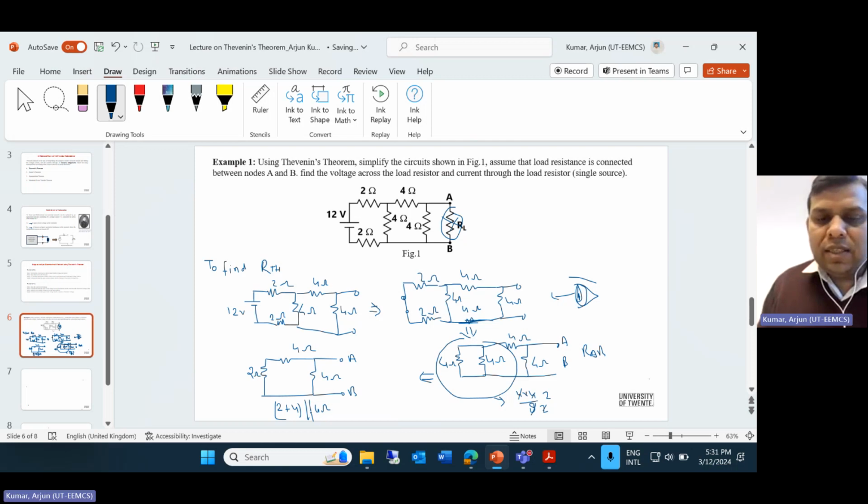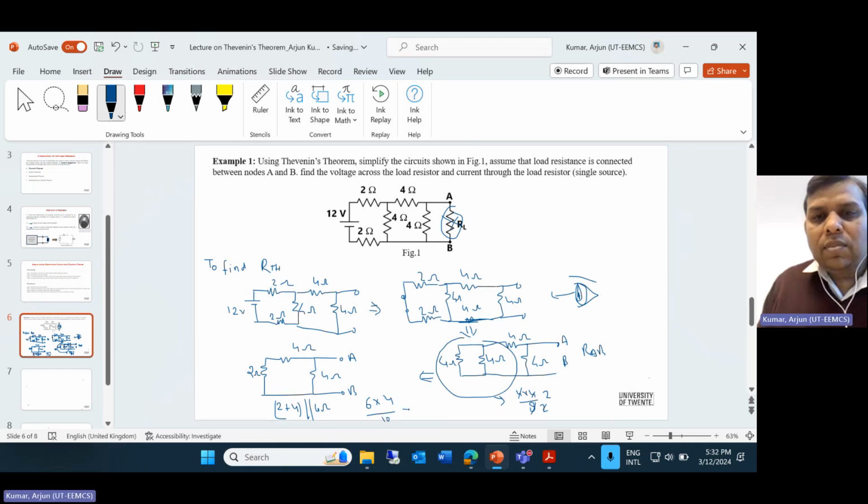If you solve this combination, it will be 6 into 4 upon 10. Okay, so it will come around 2.4 ohm. So this is your RTH. All right, so this is your RTH.